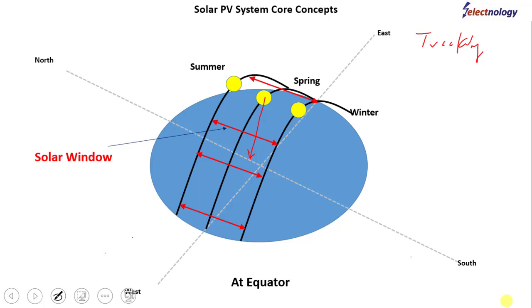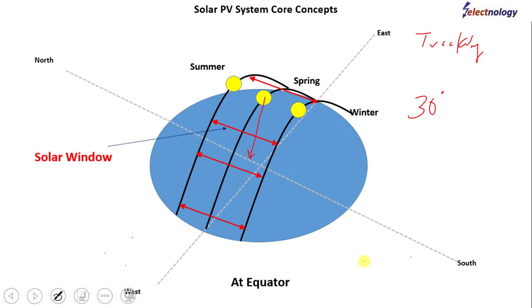It has been found out through various calculations that the PV module tilt angle has a direct relationship with the latitude angle of your location. Let's suppose you are located at a location whose latitude angle is 30 degrees. Then the tilt angle of the PV module shall also be 30 degrees, which shall be optimum for the whole year.